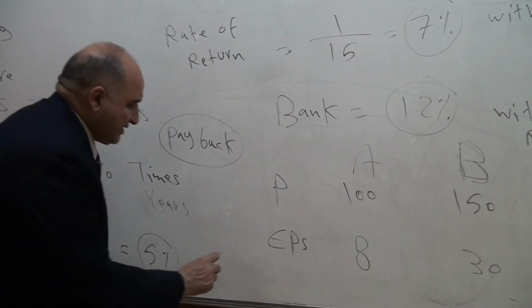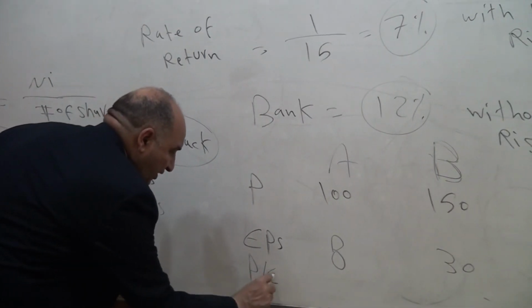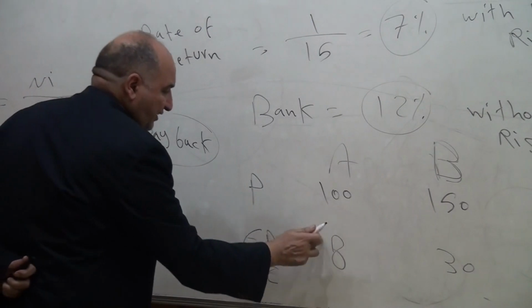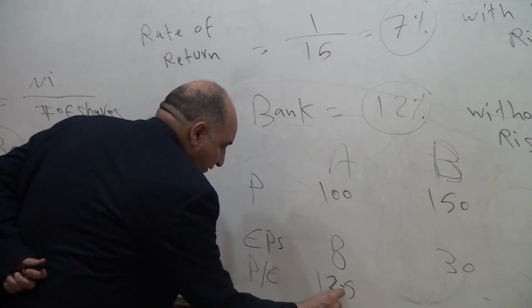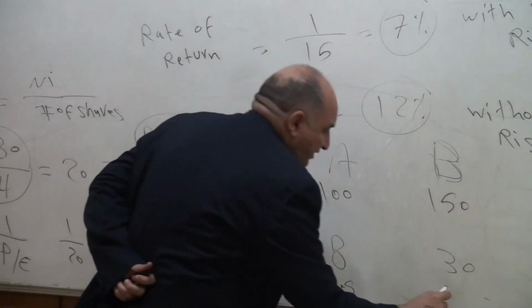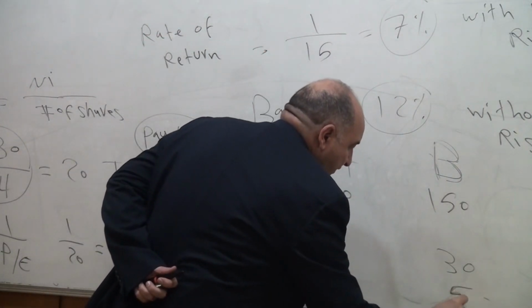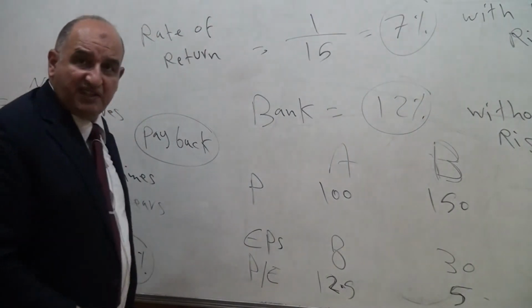In this case, we calculate the PE ratio: 100 divided by 8 is 12.5. The second one is 5. Which one do I have to invest in?